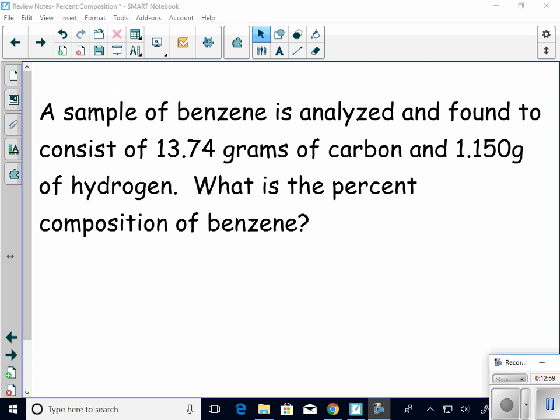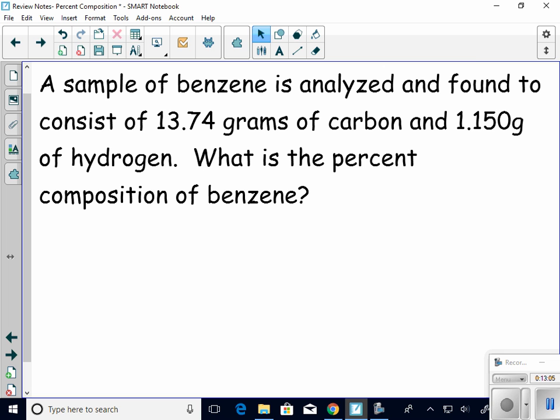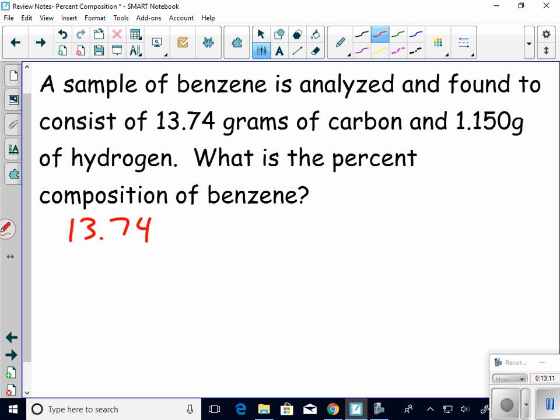No, I do not. So what I am going to do, first of all, is calculate what my total mass is. 13.74 and 1.150. So when I get my total mass, it's going to be 14.890 grams.